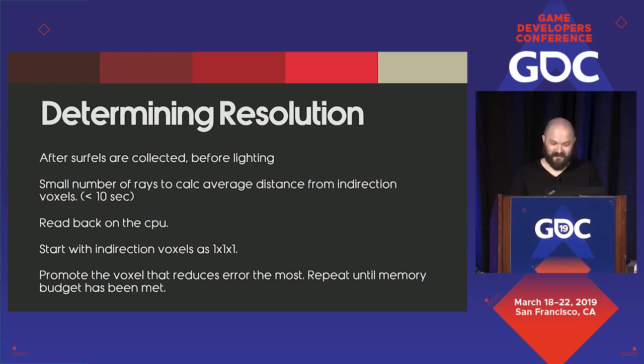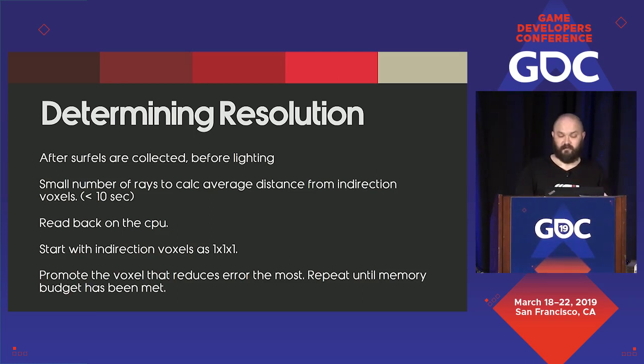So forgive me, but we do a smaller bake on, say, 512 rays or something, where we encode at indirection texture resolution the nearest circle, and then we average that over the sphere for all rays. So we get this average across all directions distance, and then we feed that back on the CPU.